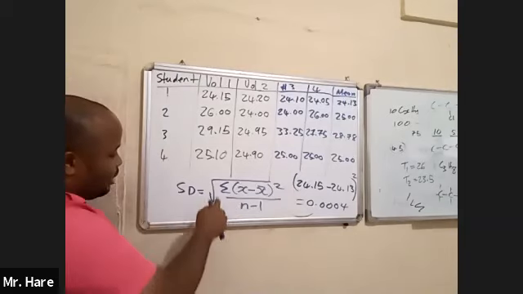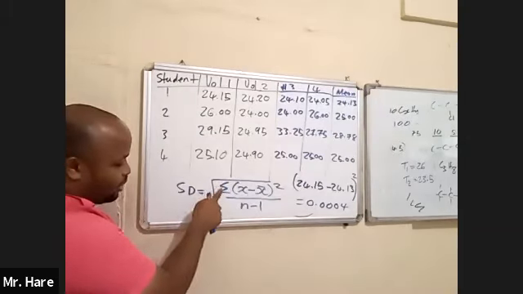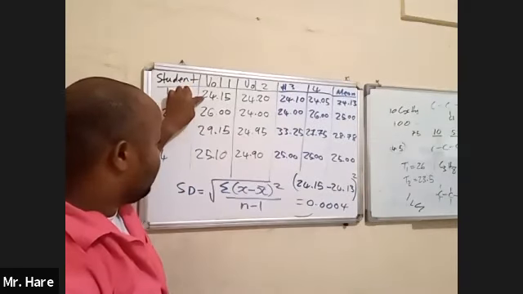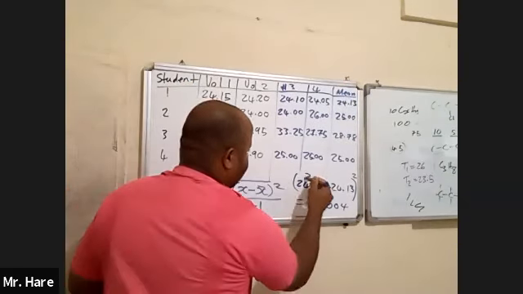It says this symbol here that kind of looks like an E, it means the sum of. So we are working on here, you must have the sum of X minus X bar. So we did the first one, X minus X bar.